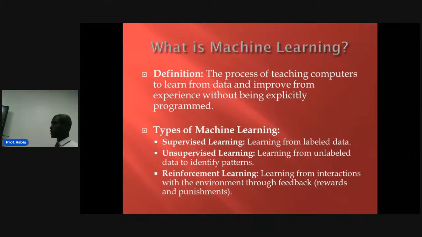What are they? We have supervised learning, we have unsupervised, and we have reinforcement. These three things have to be with you all the time throughout this lecture. And you have to understand the difference between supervised, unsupervised, and reinforcement. We talked about it in the previous class, correct? Now we are going to talk about it in detail.